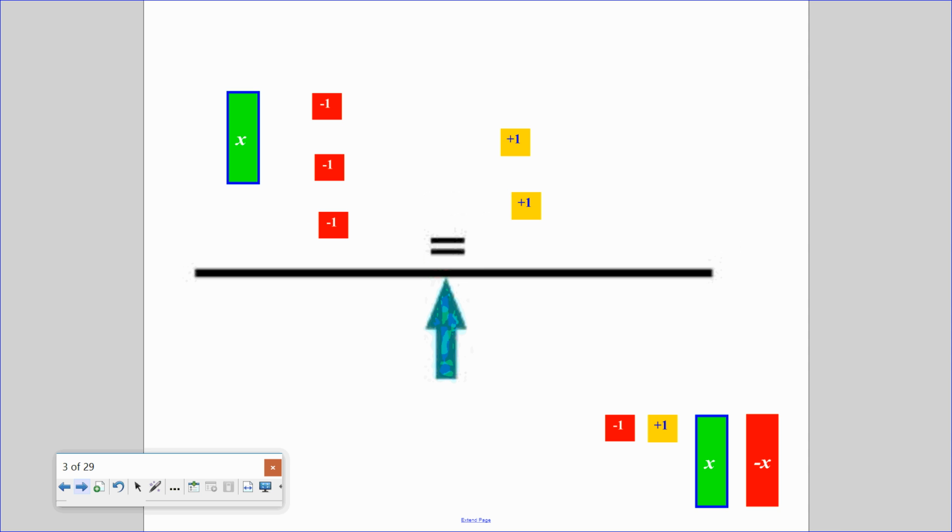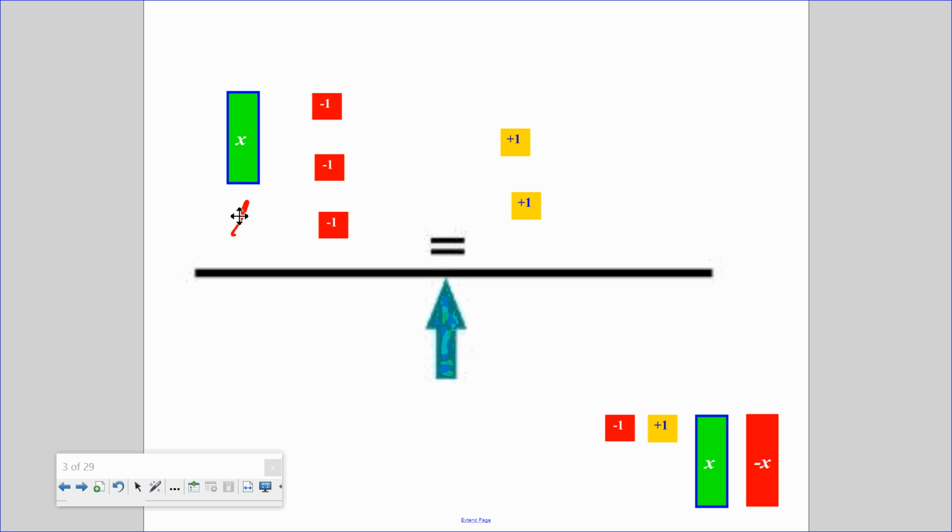So we have this. You're given x, -1, -1, -1, or -3. X plus -3, or x minus 3, is equal to +2. Right now, it is currently balanced. In order to solve equations, you have to isolate the variable. Again, what is a variable?